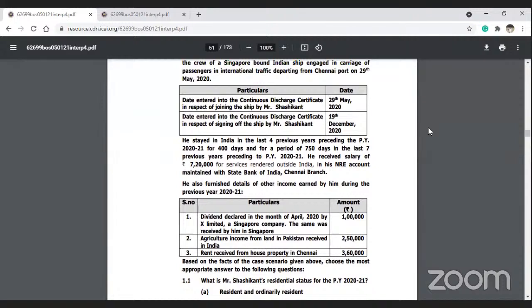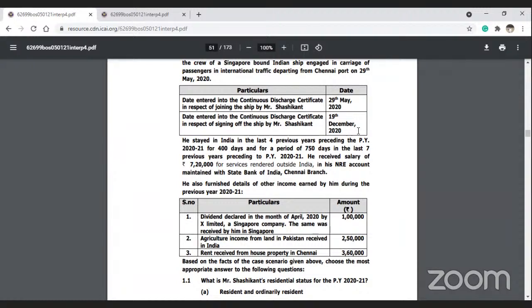Okay, so he was not in India from 29th May to 19th December. We'll exclude that, right? So 31 minus 29 is 1. June 30, July 31 days, August 31 days, September 30 days, then October 31 days, November 30 days, and December is 19 days, minus 365.